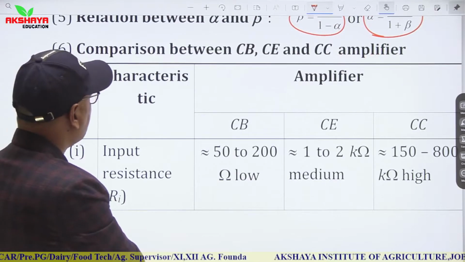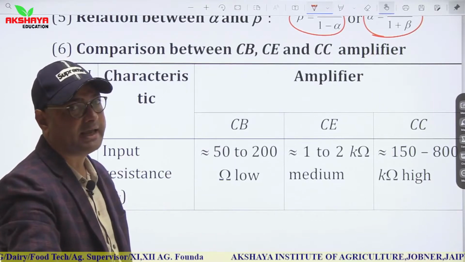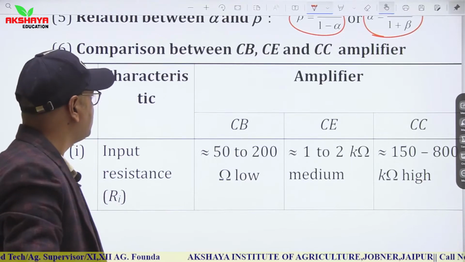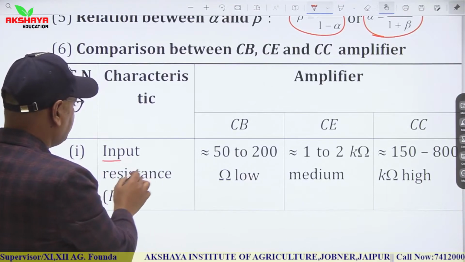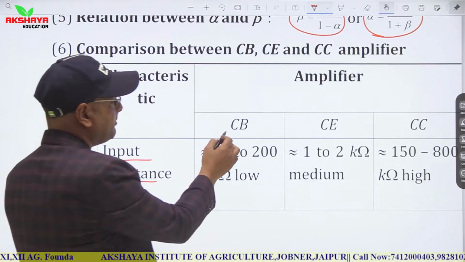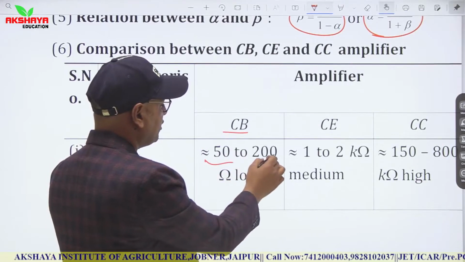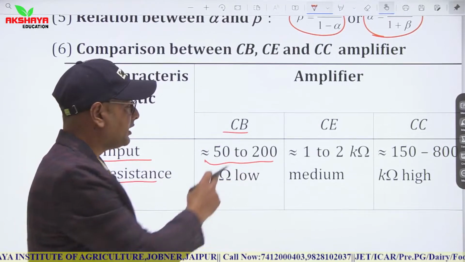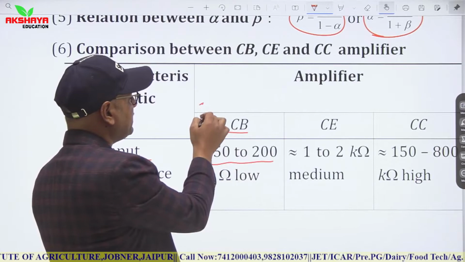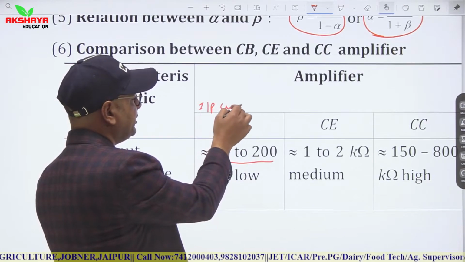Now let us talk about comparison between CB, CE and CC amplifier. So if we talk about input resistance, then in case of common base, input resistance is very low, almost 50 to 200 ohm.